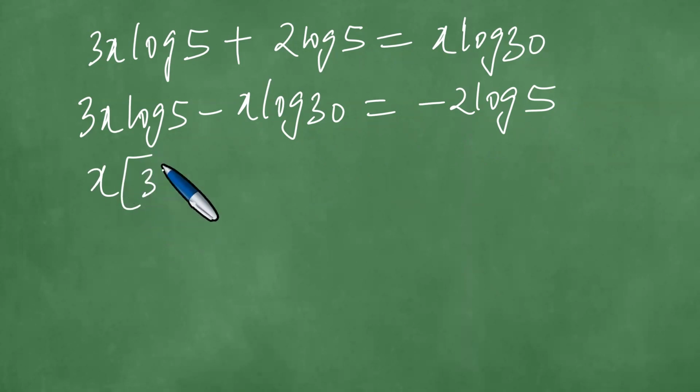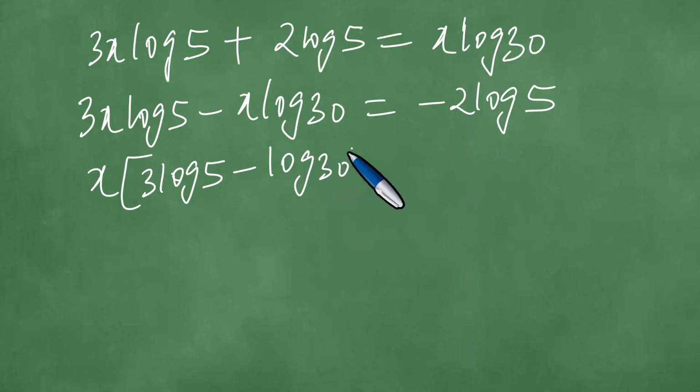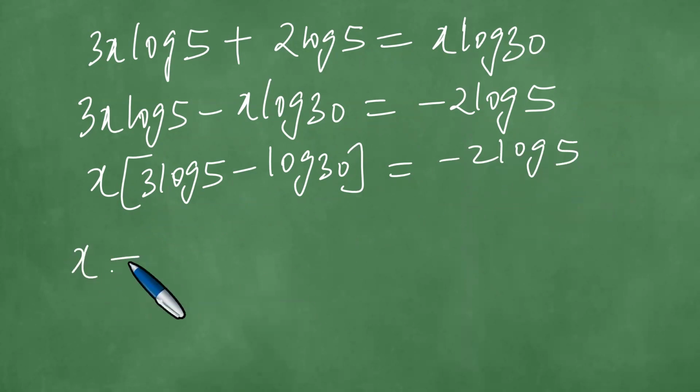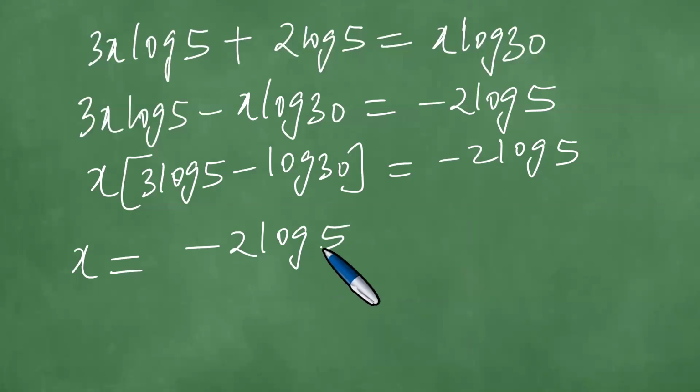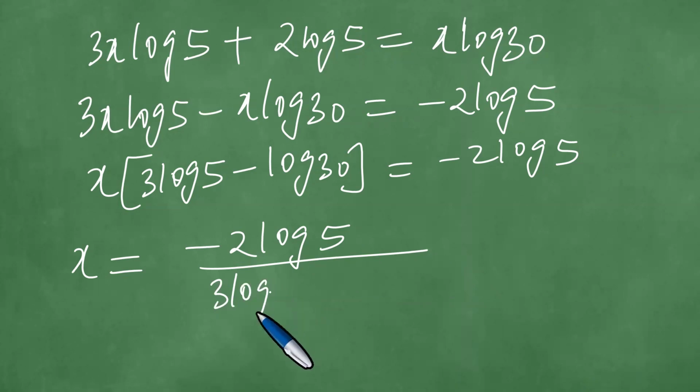So pulling it out, we have 3 times the log of 5 minus the log of 30, which is minus 2, the logarithm of 5. Meaning here you have minus 2, the log of 5. You divide by 3 times the log of 5 minus the log of 30. Okay, like so.